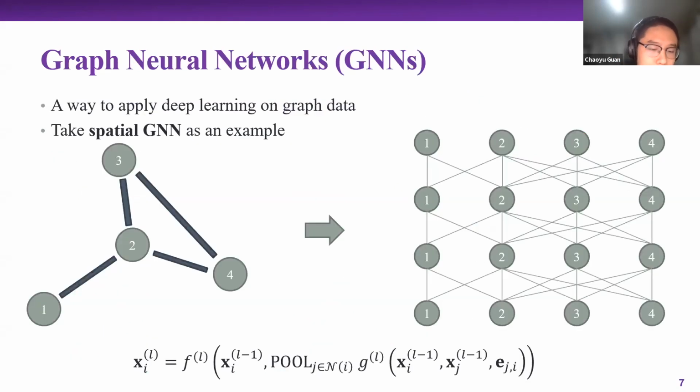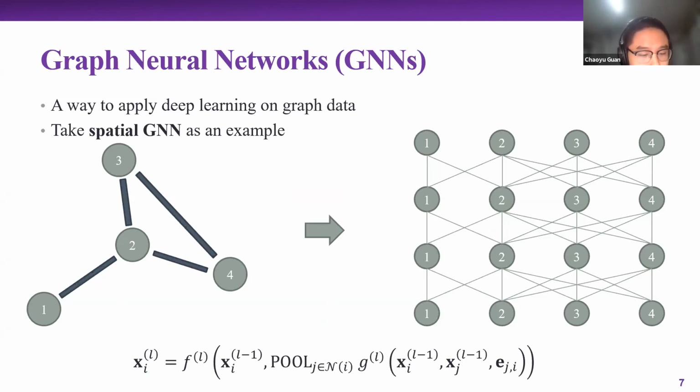So the most famous solution to the various graph learning tasks is graph neural networks, especially the spatial graph neural networks. The basic spatial graph neural networks can be abstracted as a message passing framework shown below. At every layer of the graph neural network, the node will aggregate the features from its neighbors to form the new feature.